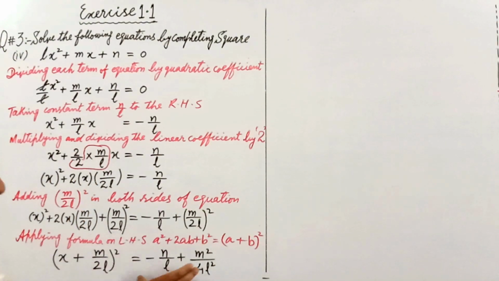To find the solution, we have to take the LCM of the right hand side. The LCM of l and 4l square, meaning the product of common and non-common factors, is 4l square.